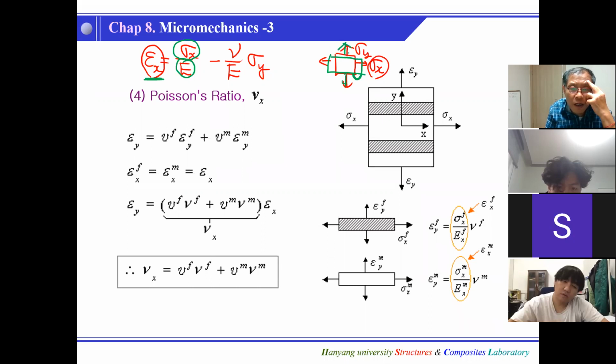Usually when we apply the stress here, the original configuration is like that. And when we have a sigma in this direction, there will always be a contraction in the other direction. So how much does it contract? That's the definition of Poisson's ratio here.